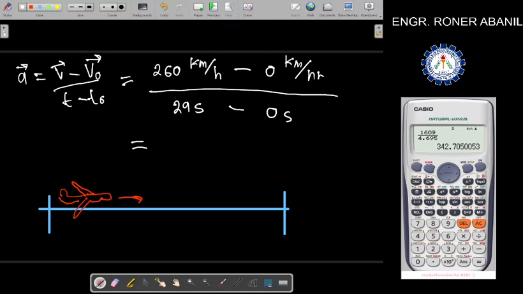So, calculator na lang, no? Magiging 260 over 29. Magiging approximately 9. Okay?